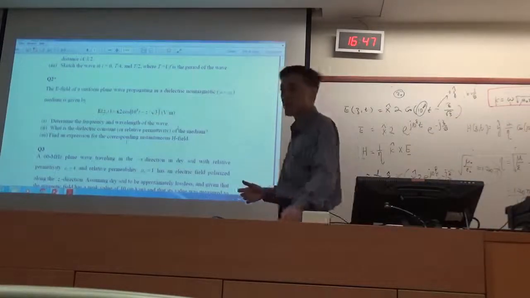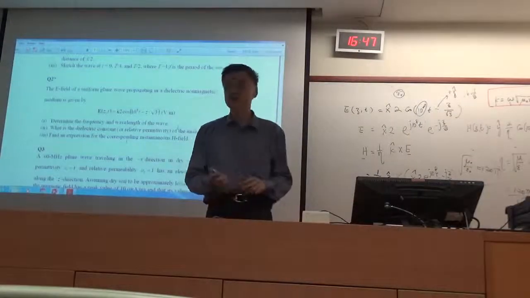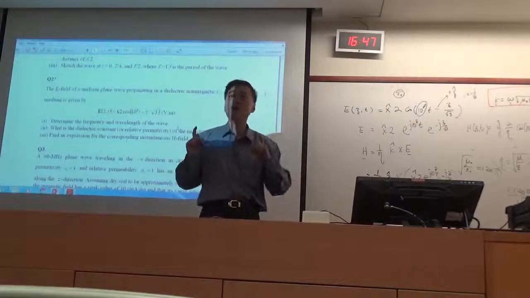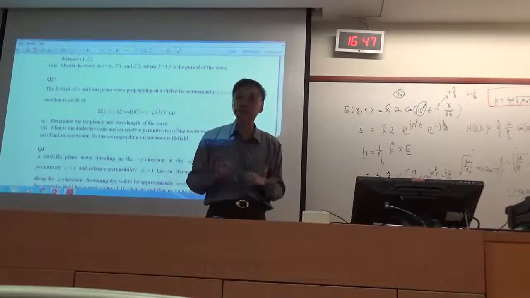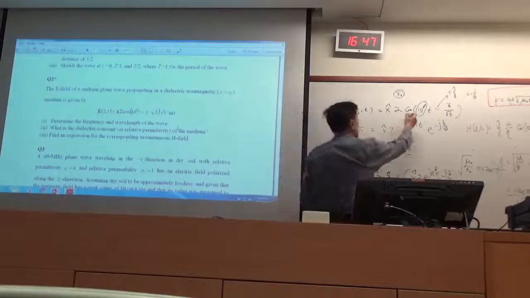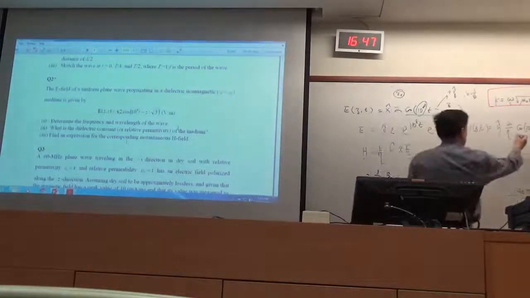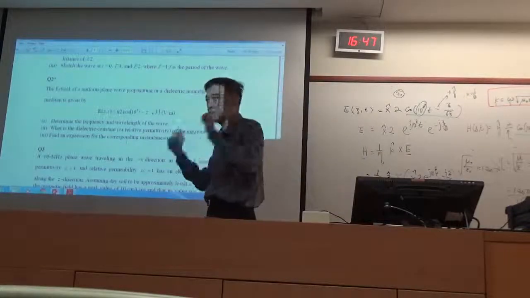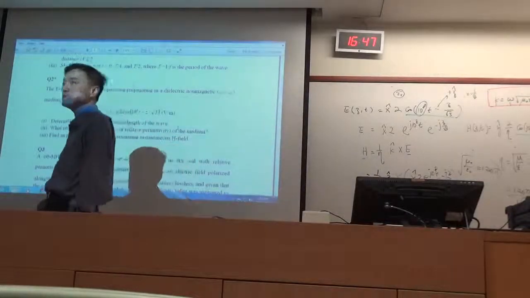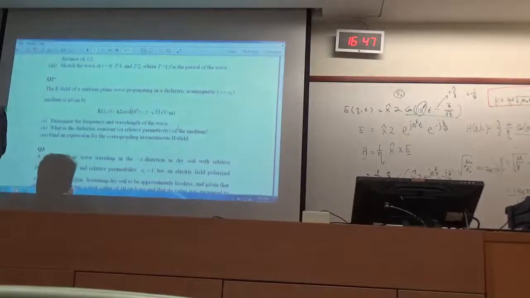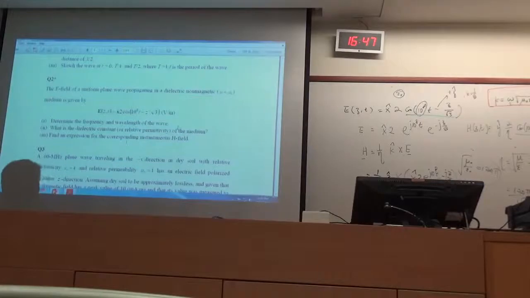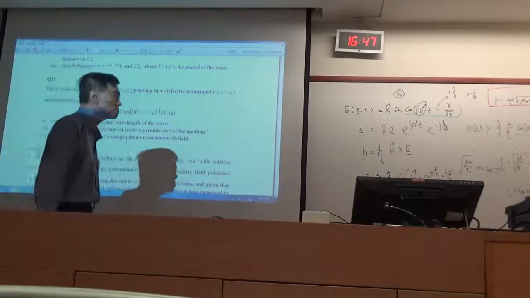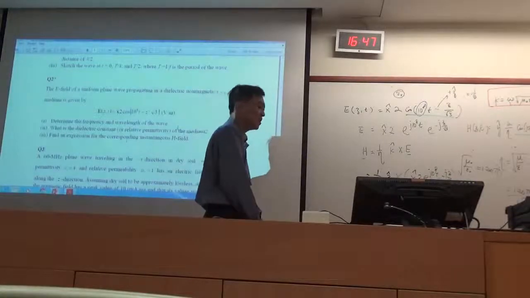Okay, one final check: for lossless propagation, this and this must be exactly the same. That's why I say I can do a fast way, because I know that the cosine term must be exactly the same. So this is just doing a quick check. Alright, any questions?